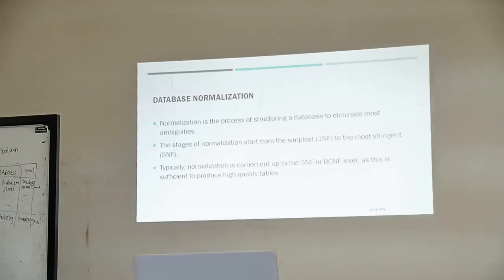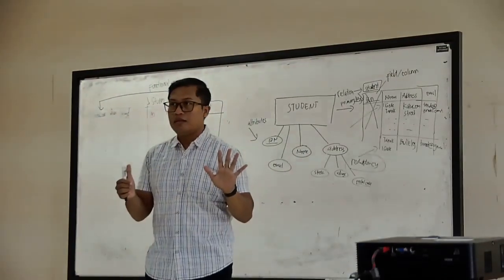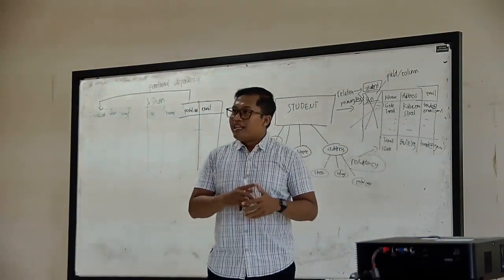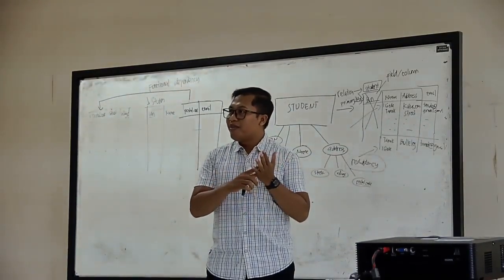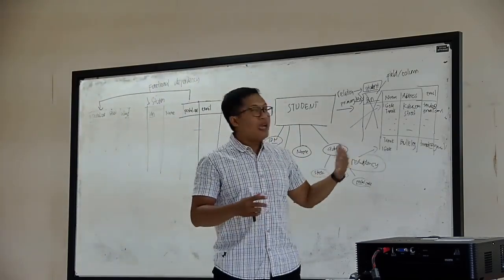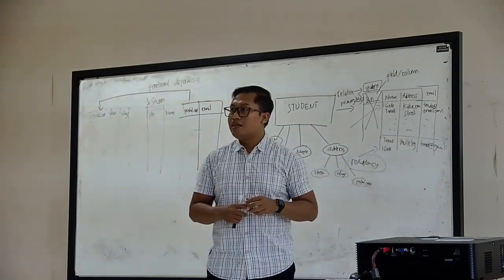The steps of normalization start from the simplest, 1NF, to the most stringent, 5NF. So we have 6 normalization stages. But we can see number 1 to number 5 only, 5 stages. Why do we actually have 6 stages?